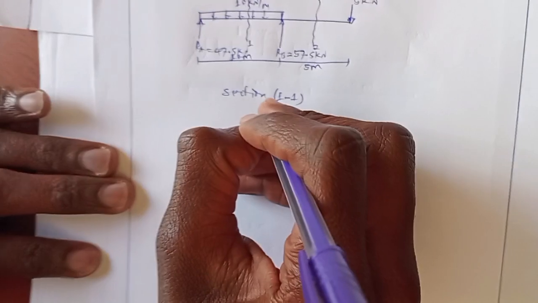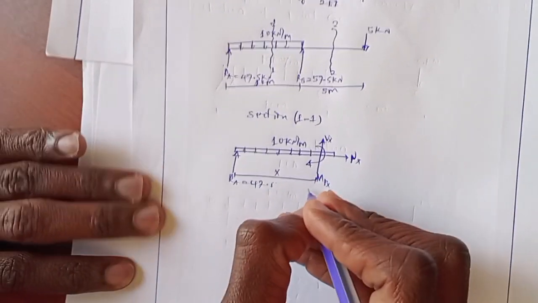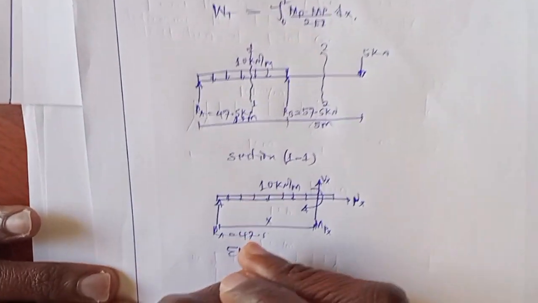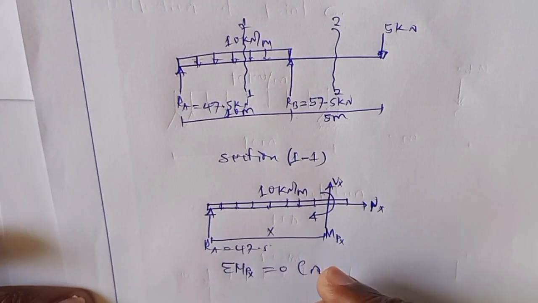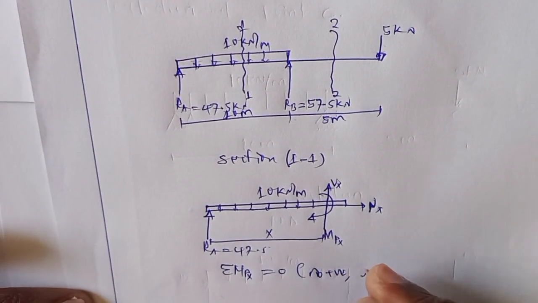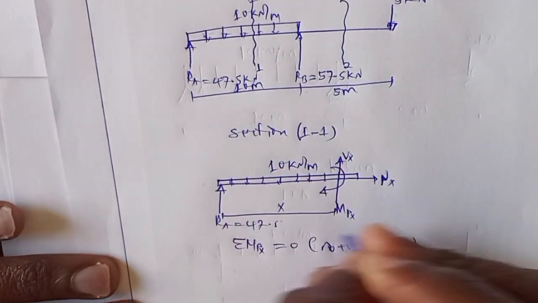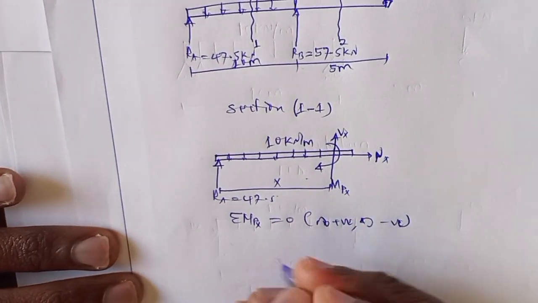This was 10 kilonewton per meter. So in order to obtain the moment at this point, we take the summation of moment at point x equal to 0. Anticlockwise direction positive and clockwise direction will be negative. So this moment is in the anticlockwise direction, so it will be positive.